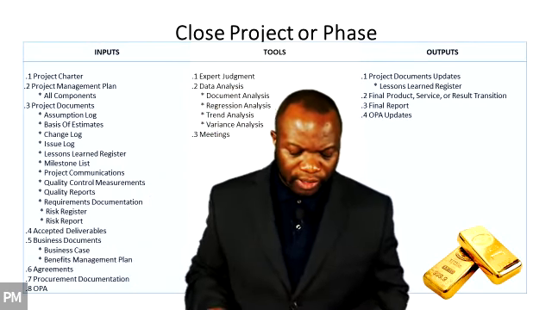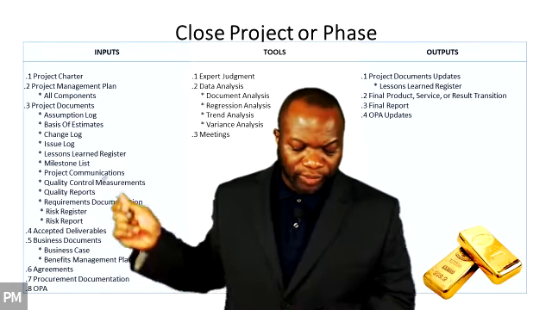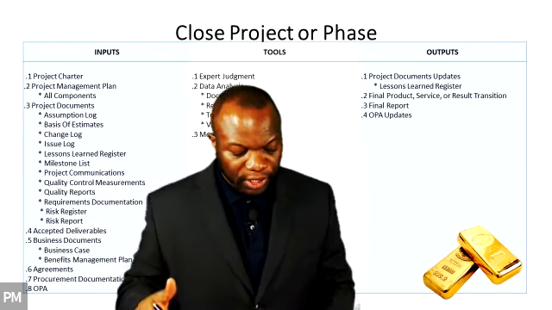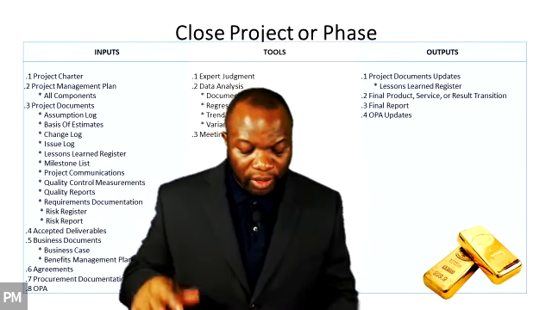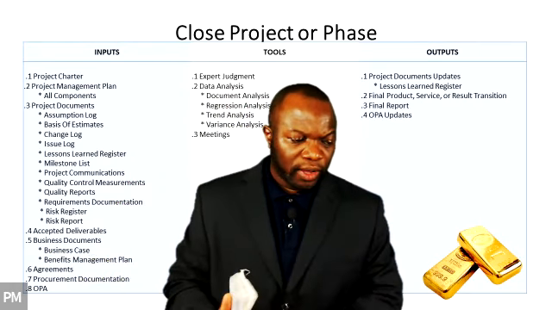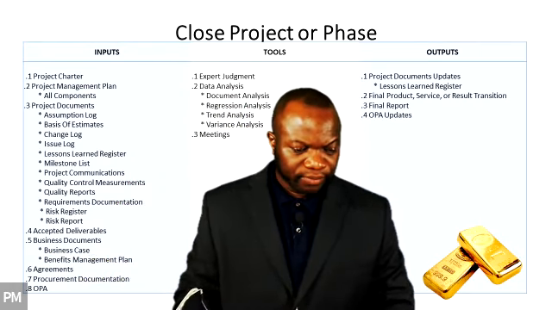Agreements, also another important one. These agreements are going to help you deduce if you met your part of the bargain or if the contractors working for you met their part of the bargain. Okay?